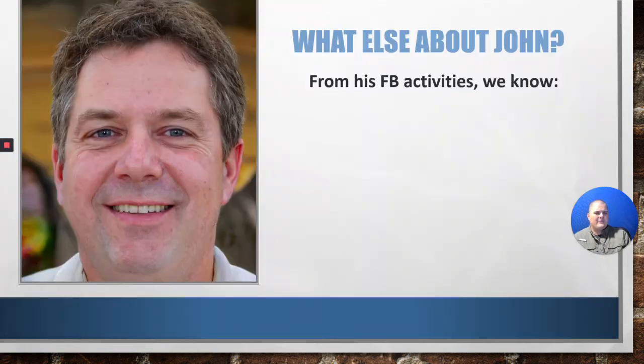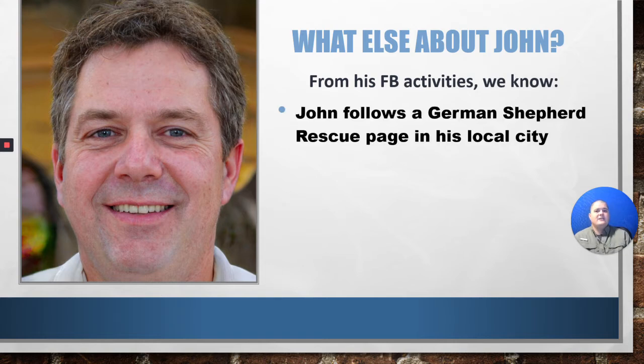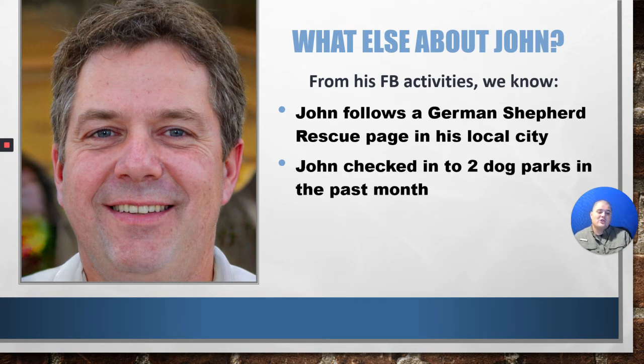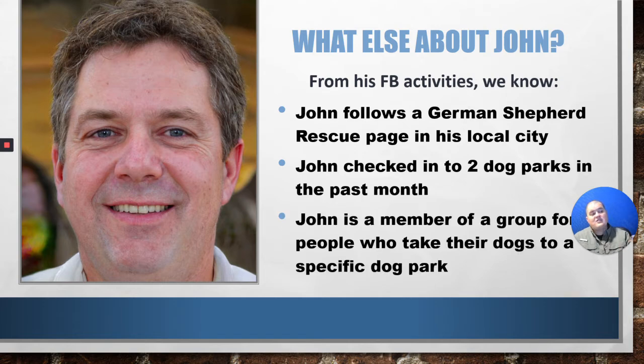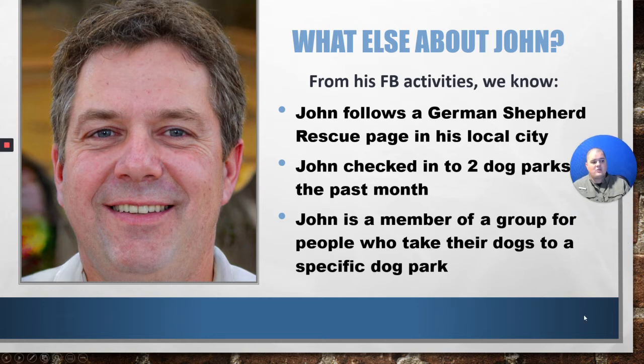Well, to go one step further, what else does Facebook know about John? From his Facebook activities, it knows that John follows a German Shepherd rescue page in his local city, we'll say Kansas City. It knows that John checked into 2 different dog parks in the Kansas City area last month. It knows that John is a member of a group for people who take their dogs to that specific dog park.